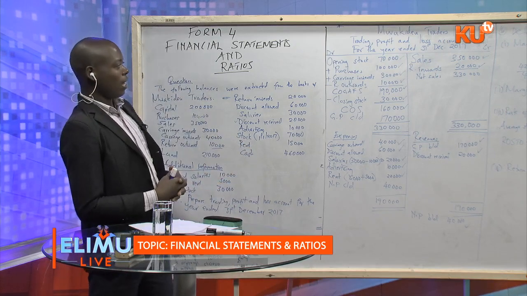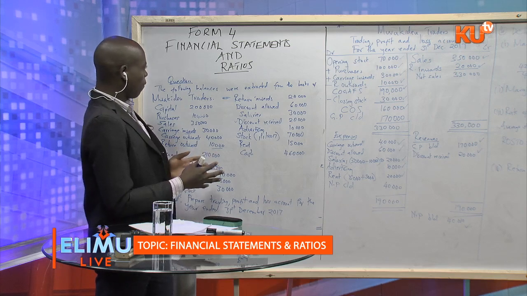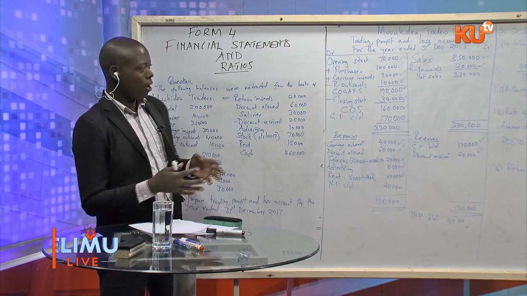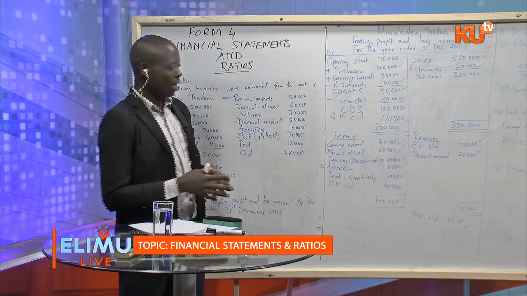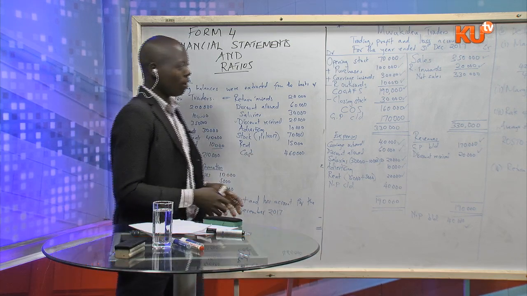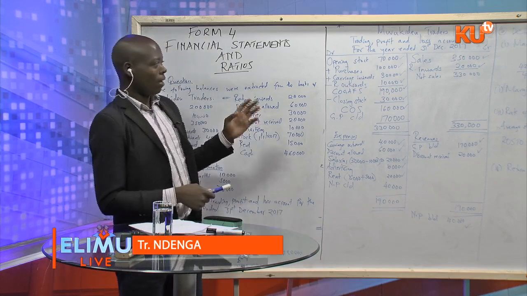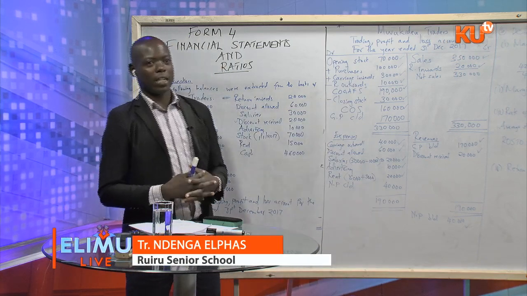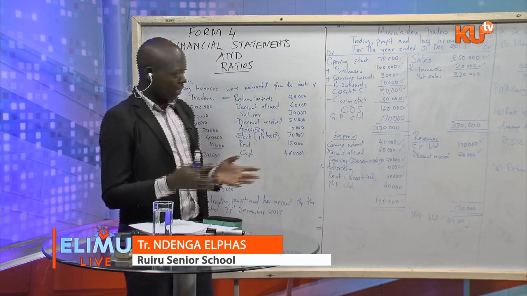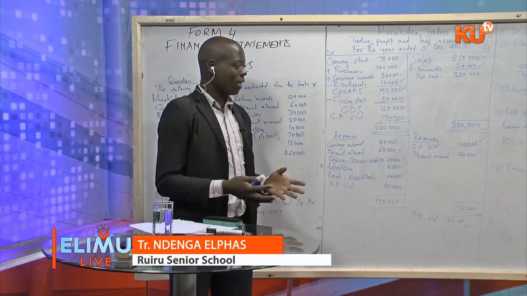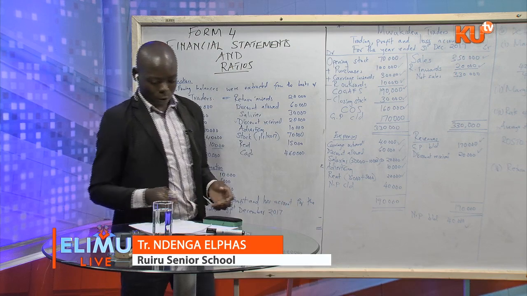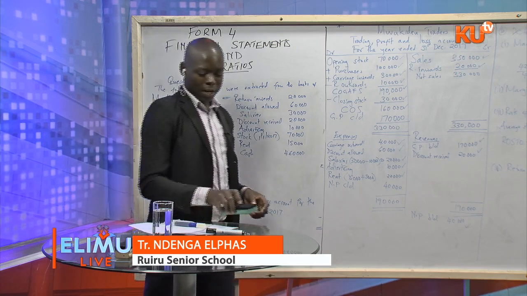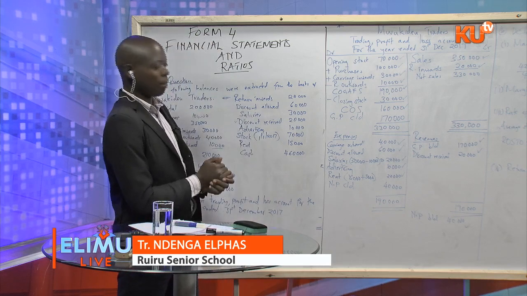I think this now is enough for the topic, financial statements and ratios, where we come to the end of our lesson today, where we've been able to analyze the 5 areas of testing in this topic. So next time we'll look at something different in accounting and see how we bring out statements that are required in this subject.